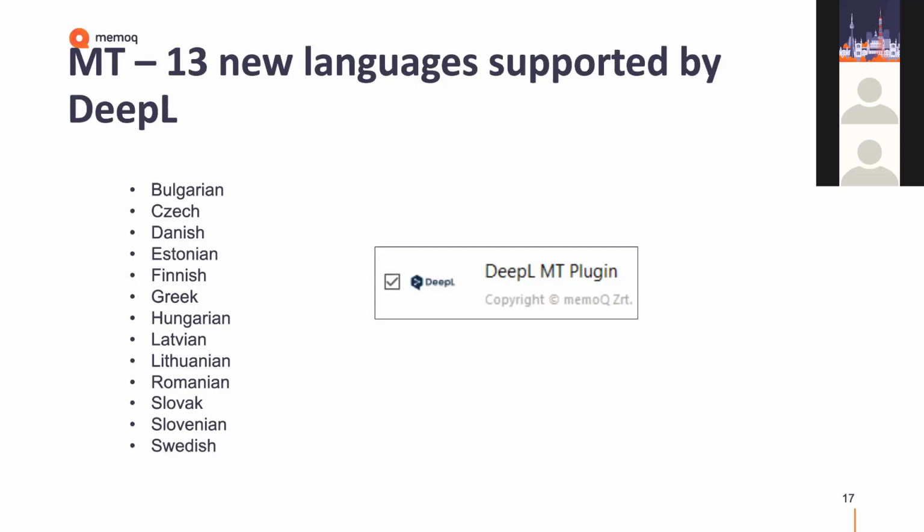And the good news is that even those who are still on 9.6 will be able to use it, because memoQ just queries the list of supported languages from DeepL whenever you use DeepL in memoQ. So it's basically memoQ independent. Just wanted to give you a heads up as far as the available languages in DeepL.